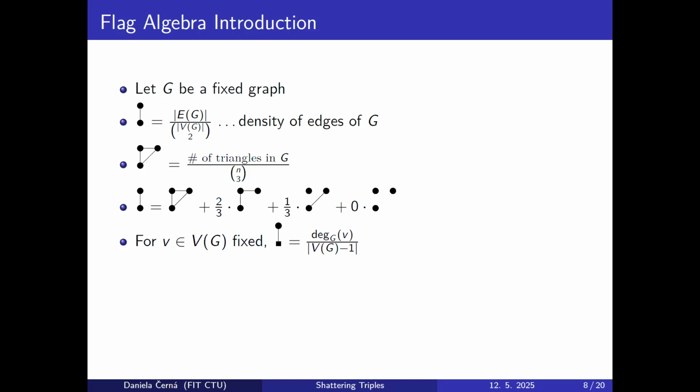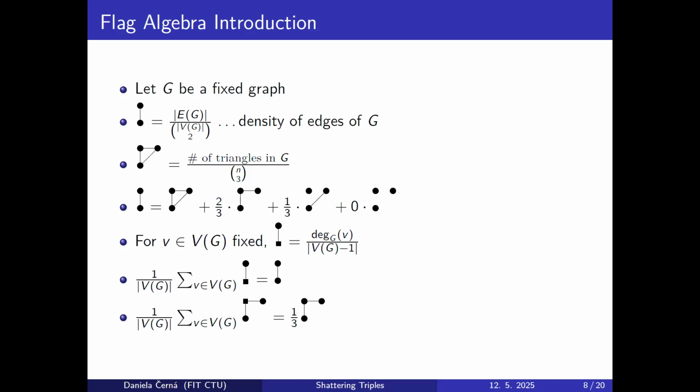And having this, I can average this by choosing the vertex v that I want to fix uniformly at random also. So for example, for this one, the sum will be just the density of edges.